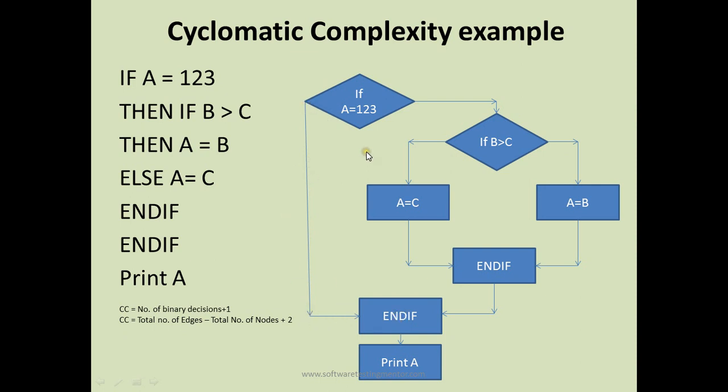One edge, second edge is here, third edge, fourth, fifth, sixth, seventh, and eighth edge. So the total number of edges is 8. Minus the total number of nodes.